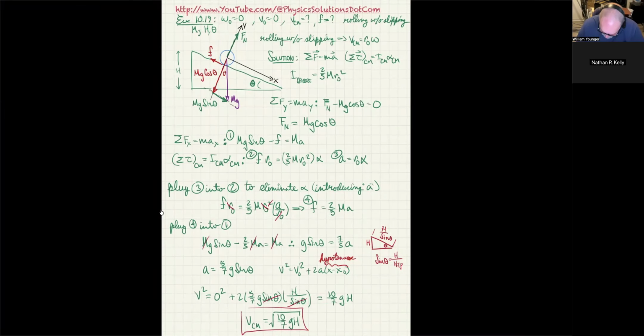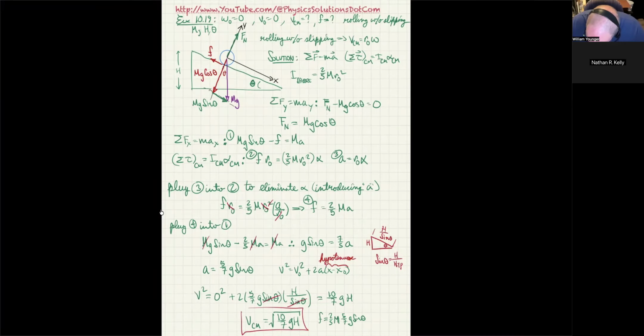Now, the friction force, we learned that the friction force was 2/5 ma, so we can go ahead and say, in this case, the friction force is 2/5 m times a, and a was 5/7 g sine theta.